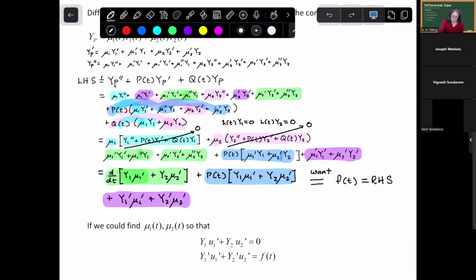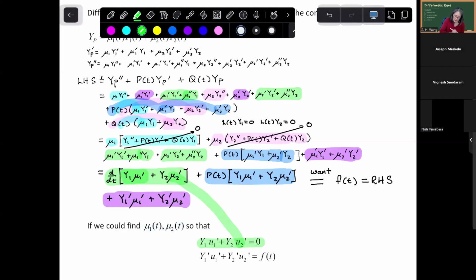Okay, so the idea is this: what mu would make that true? If we could just find mu1 and mu2 so that this is equal to 0, then can you see what would happen?